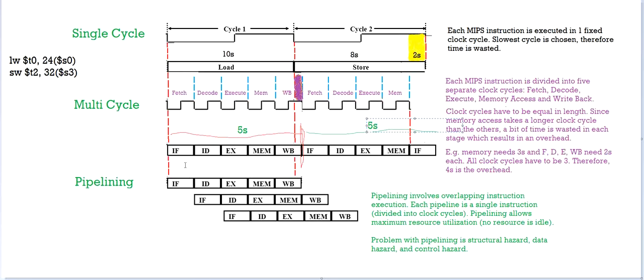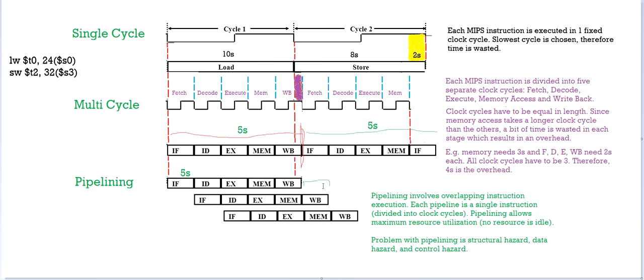But in pipelining, you see what happens is the load instruction begins executing here, right? And then when it moves on from fetch to decode, our store instruction begins to be fetched. So these load and store instructions are going to be executed in parallel, and if each phase takes 1 second of time, then the load instruction is going to take 5 seconds, and the store instruction is just going to take 1 second extra, which is here.